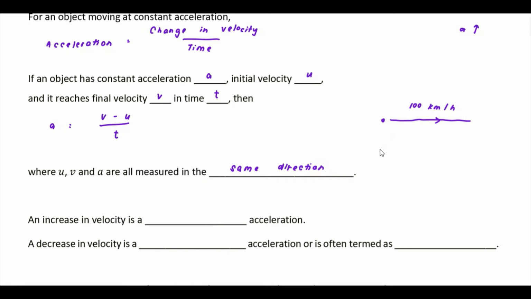And this is another car, which starts from 0 km per hour. After a period, it is now traveling at a speed of perhaps just 20 km per hour.